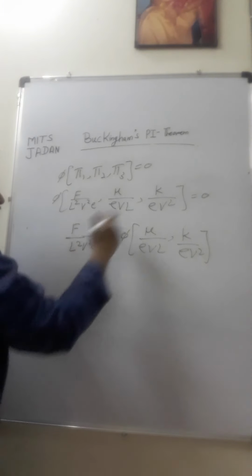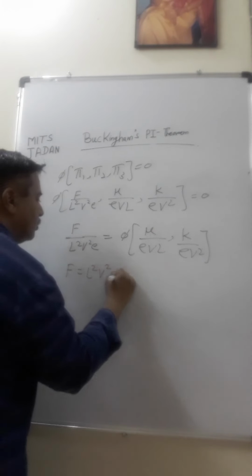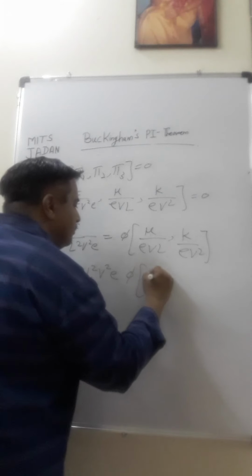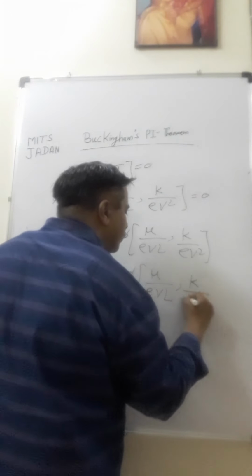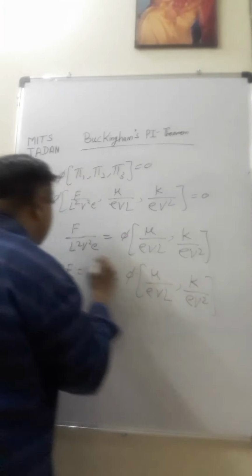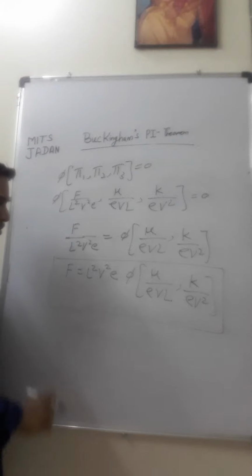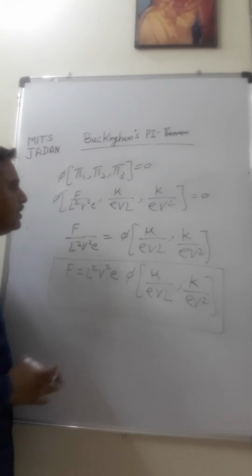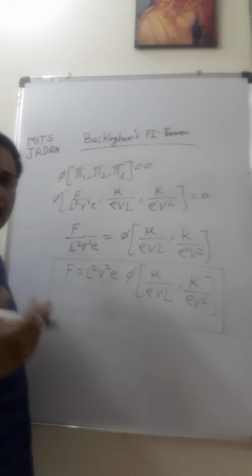Or this term I will be taking to the right hand side. So F is equal to L square V square rho phi of mu by rho V L, comma, K by rho V square. This is the relationship that was desired. So we can prove it. This is a very simple numerical. Practice hard, and if you have any problem you can ask me on the group.